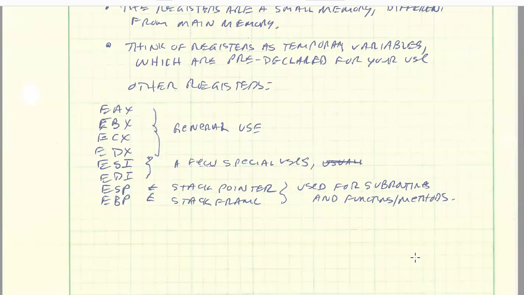The next 2 you can use generally, but they also have some special uses. So for certain types of things you want to do with data, they have to be in those registers. And the last 2 are even more specialized. You can read about these. The web page for the class contains a pointer to a cheat sheet showing you all the general registers.